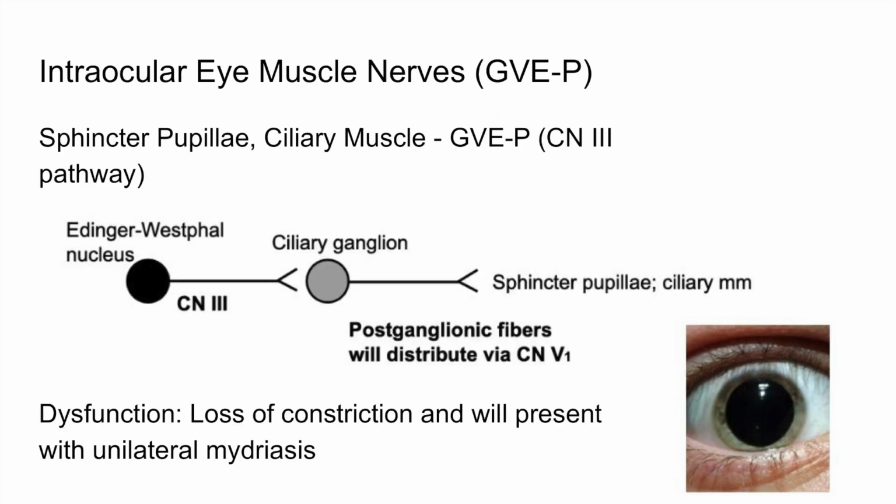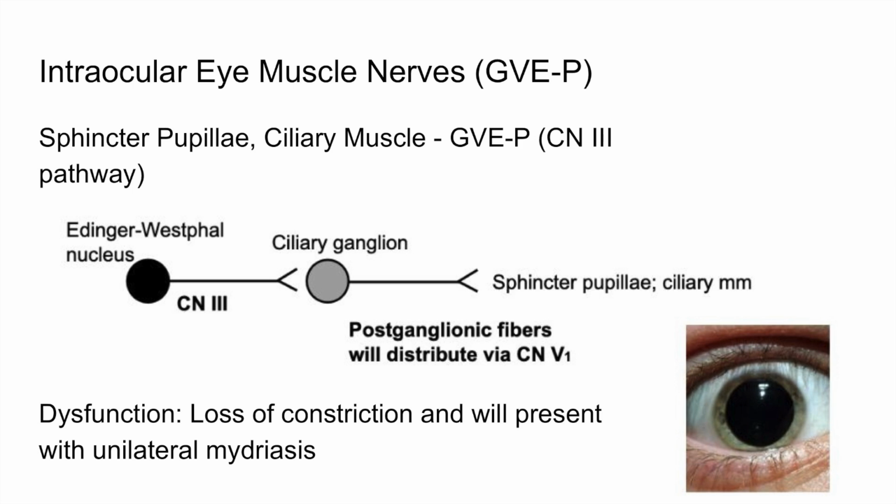All right, so here we're just going to be isolating the parasympathetic control of the eye, and the key is to follow the pathway step by step without mixing it with the somatic motor stuff you just learned. So everything here is going to start with the Edinger-Westphal nucleus, which is the parasympathetic nucleus associated with cranial nerve 3 in the midbrain. From there, preganglionic fibers travel with the oculomotor nerve into the orbit.